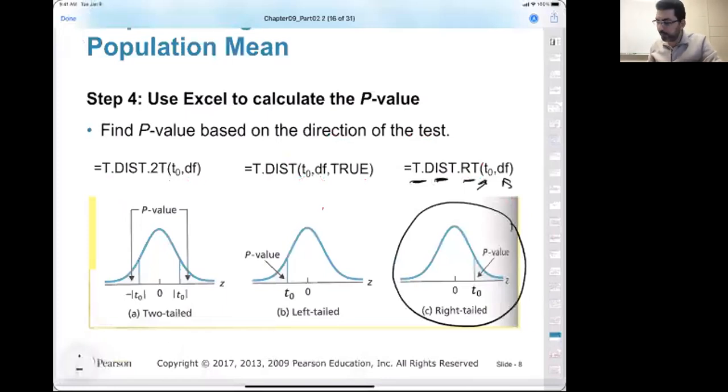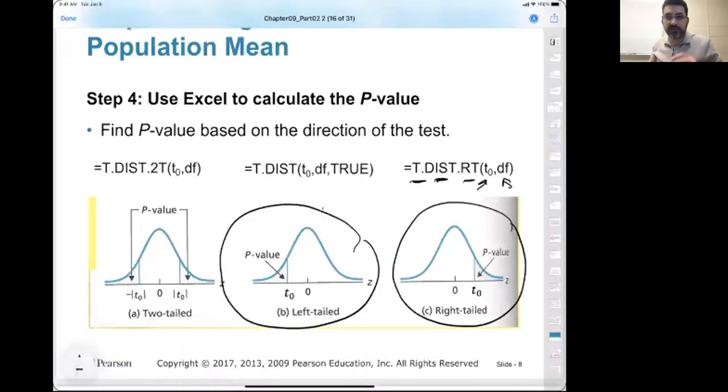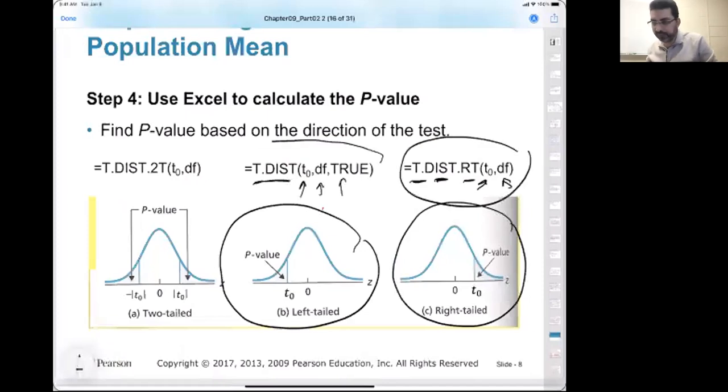If you have a left-tailed test like this one, which means the alternative hypothesis is less than, in this case you will use a different function. It's also a t, but a different function: t dot distribution. Here you will put the test statistic value, the degrees of freedom, and the true. Look, there is no true here, but here we already have true.